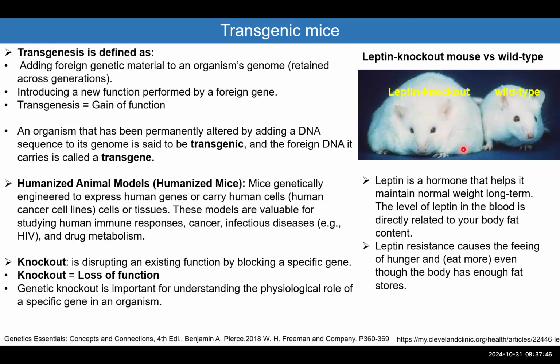However, we can't control the knockout anymore. In other words, if I want to knock out the gene at a specific age of this animal, I can't do it because it's a general body knockout. When the embryo is generated after fertilization, we have the knockout and that's it. So that's why we start to think about conditional knockouts.